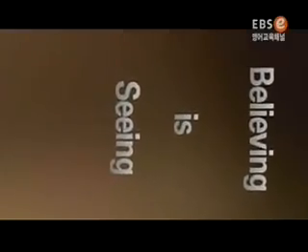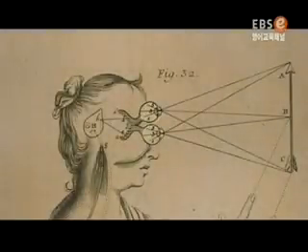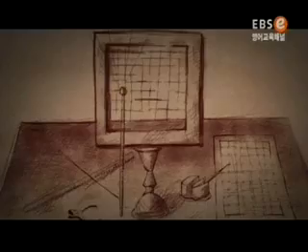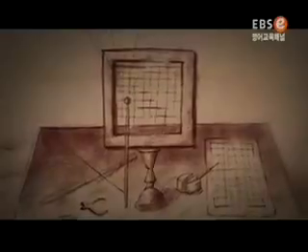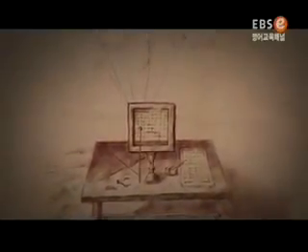Philosopher René Descartes believed that human vision was a blessing from God. And perspective is designed to portray the world precisely as the human eye sees it.